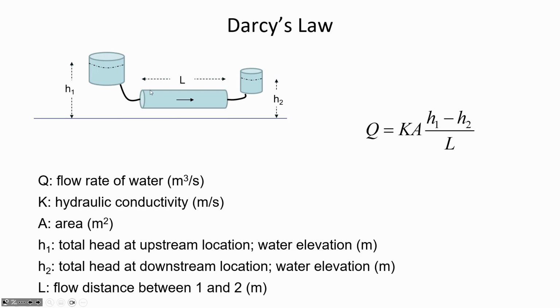It's moving in a circuitous path from void to void. And so it's having to move around a lot of obstacles. And so the path that a water molecule takes is kind of going through a really small diameter pipe. And there's lots of different small diameter pipes in that packed column. So Darcy's law describes the rate of water flow through a packed media.